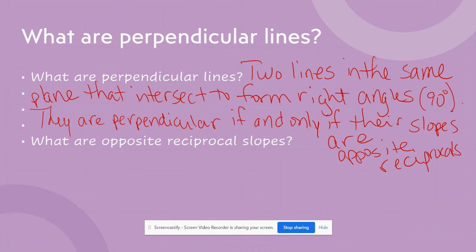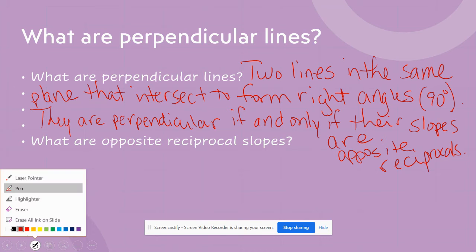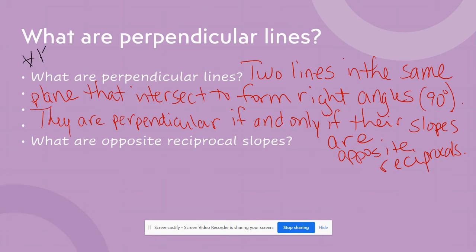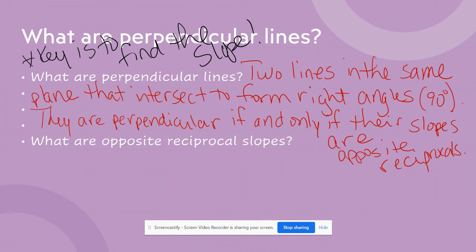So shy of having a protractor or a compass to measure the angle being 90 degrees, you could verify that two lines are perpendicular by checking their slopes, making sure that the slopes are opposite reciprocals. So again, the key is to find the slope.